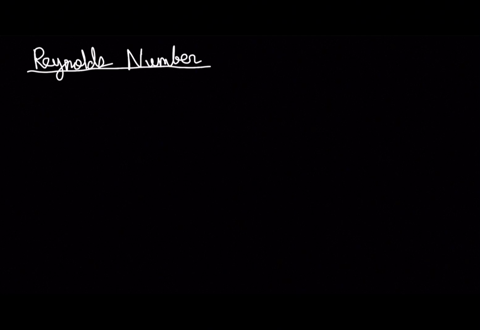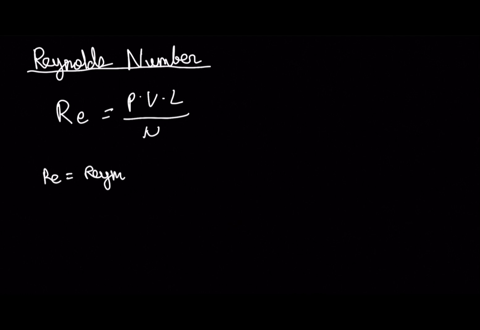So the equation that denotes this number is Re, which is Reynolds number, equals rho times V times L over mu. And I'm going to write down what these variables mean right here. Re is Reynolds number.